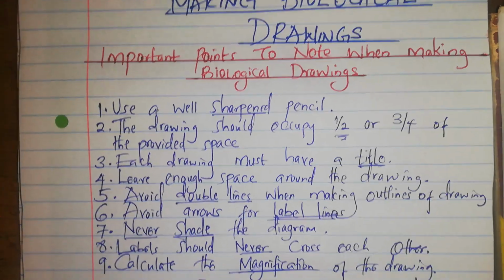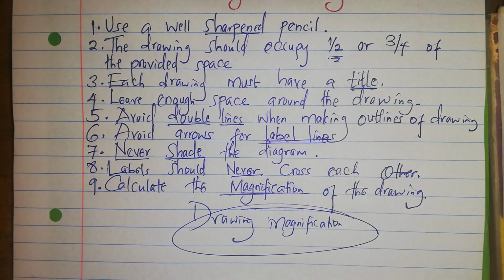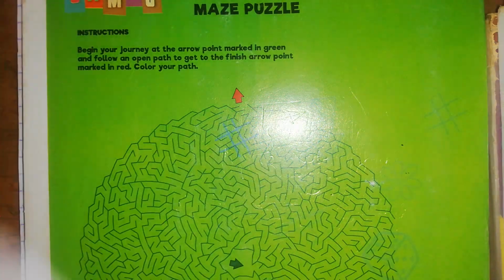So after giving you those 9 points, I would wish that I give you at least 2 examples of diagrams or drawings and how you're supposed to make them when you are in a situation, maybe in an examination, and you need to make a drawing. The first example shall be a magnifying lens, a hand lens.